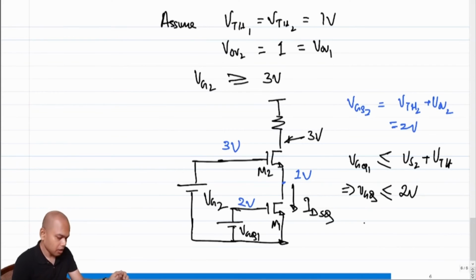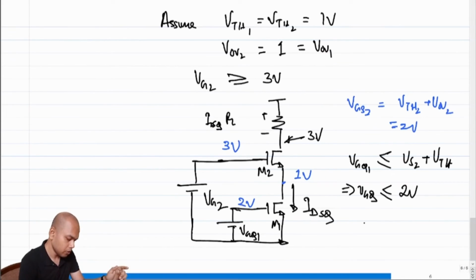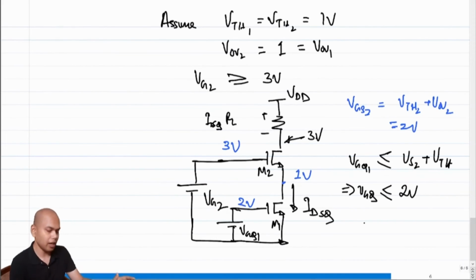Okay. What is the drop across RL? The drop across RL is IDSQ times RL, right? So that might be some value, and let's assume that we have chosen VDD of an appropriate value to keep M2 in saturation. Okay.